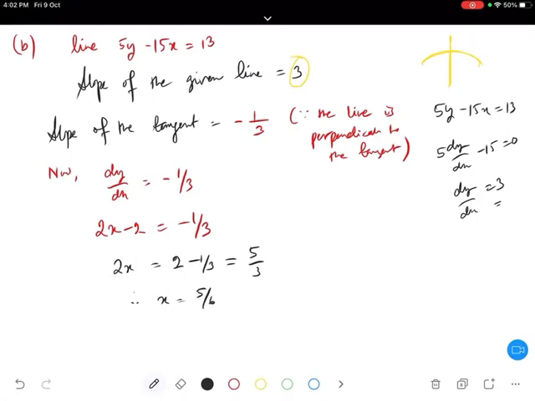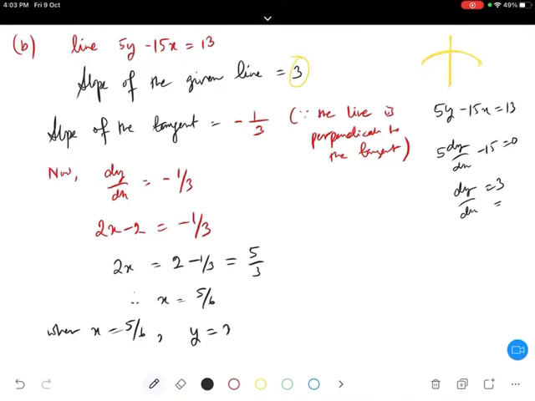Now we have to find the value of y. When x is equal to 5 by 6, what is the value of y? Don't put it in the equation of the line. You have to put the x value in the equation of the curve, which is x square minus 2x plus 7.